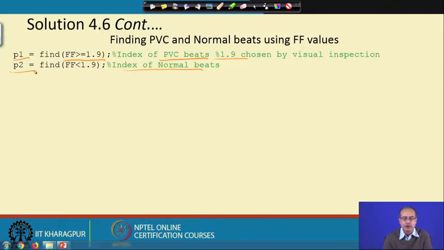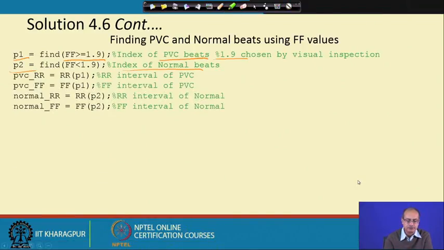P1 gives us all those cycles which are PVC, and P2 gives us those cycles which are normal. Next, using the index P1, we take the corresponding RR values and put them in a variable, and the corresponding form factors also for the PVCs.